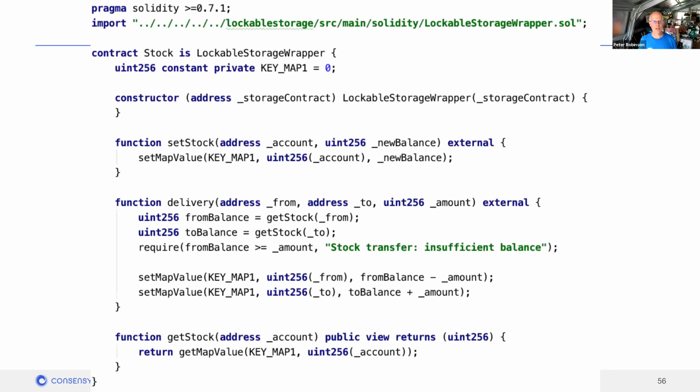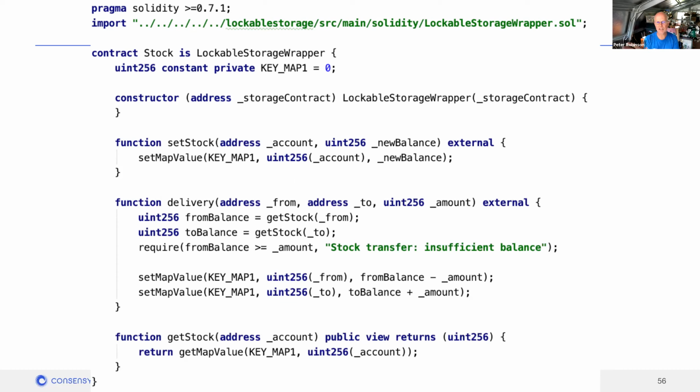And so if you're looking at, say, the stock contract, and you're looking at that code, you can see that you're inheriting from your lockable storage wrapper, and you are calling that. And the storage contract parameter going into the constructor is the actual lockable storage.